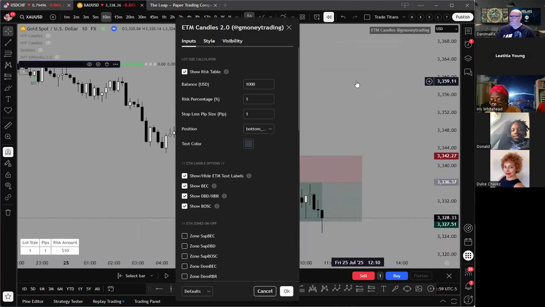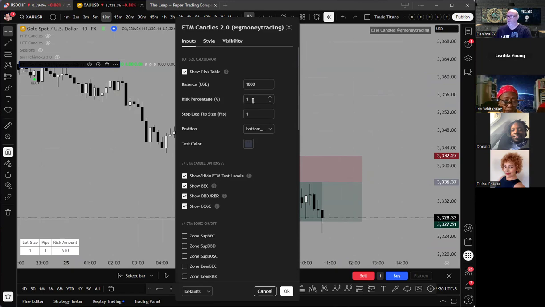So what I'm going to do now, for those of you that have questions on the new Enter the Matrix or ETM candlestick indicator, which I gave you a link to, this is a very simple breakdown of it. You can determine your risk.